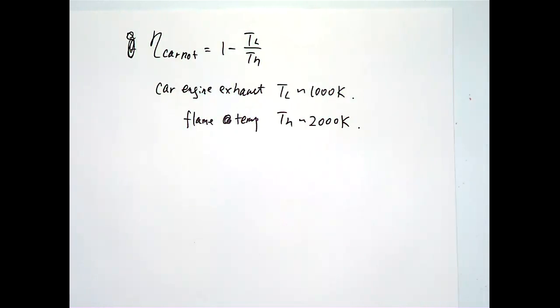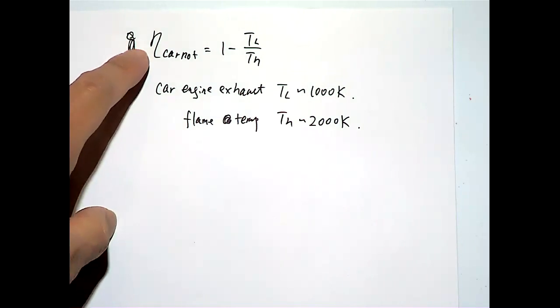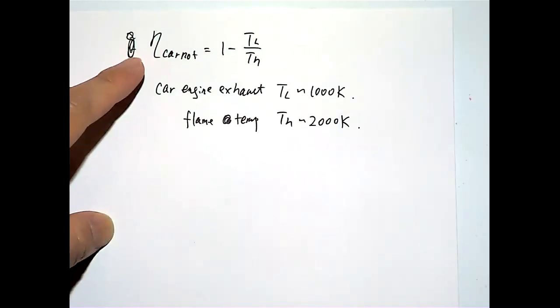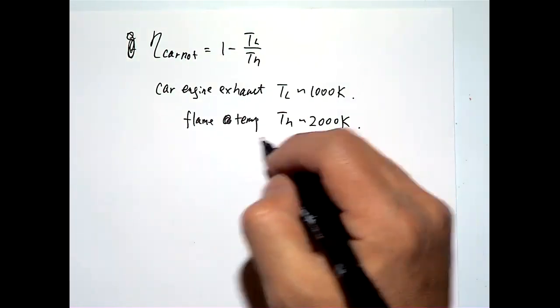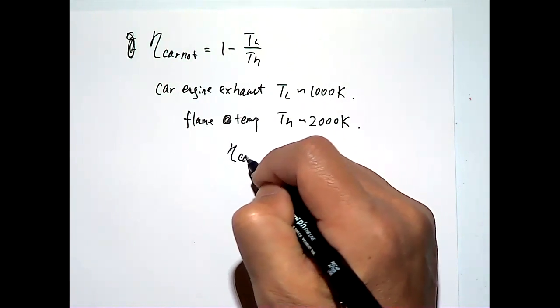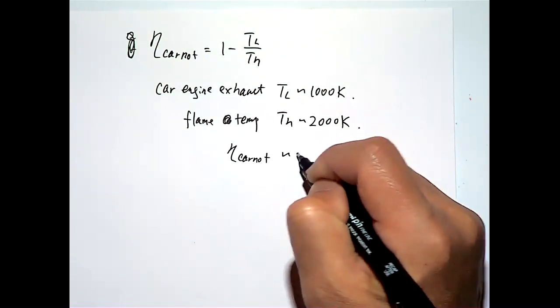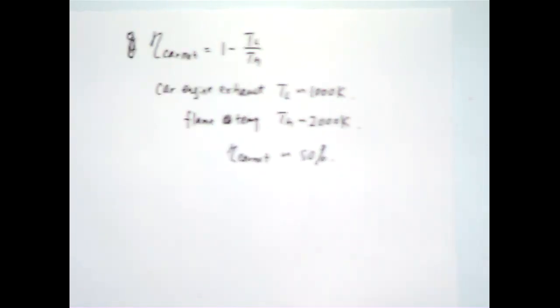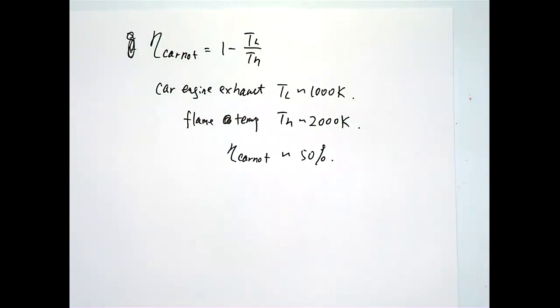So we can roughly estimate, if you have a car engine, what the theoretical limit is. You can find that the Carnot efficiency is around 50%. So theoretically, a car engine can reach 50%.